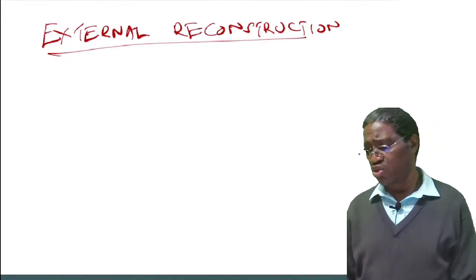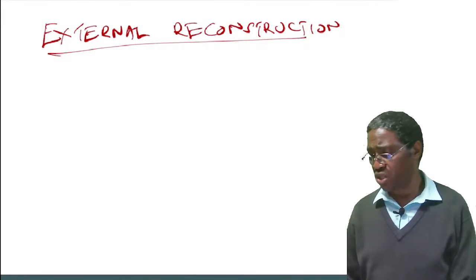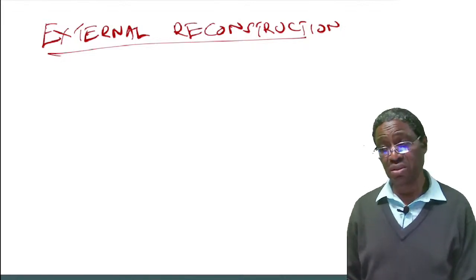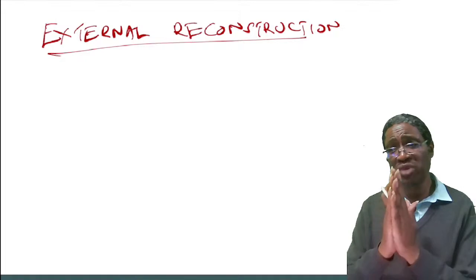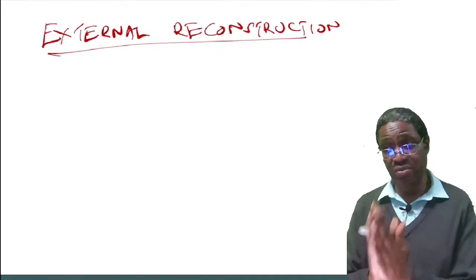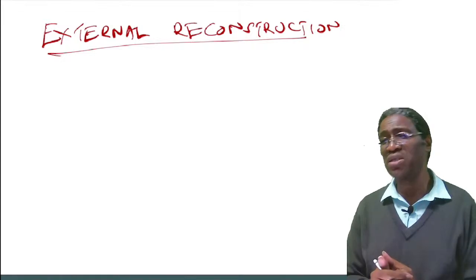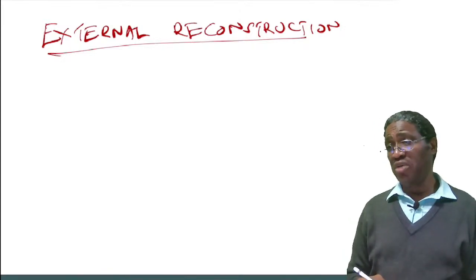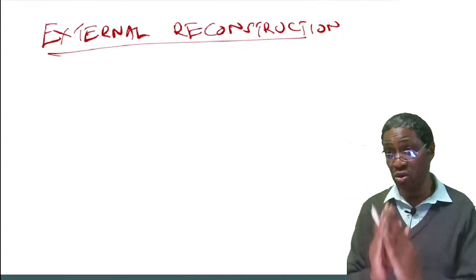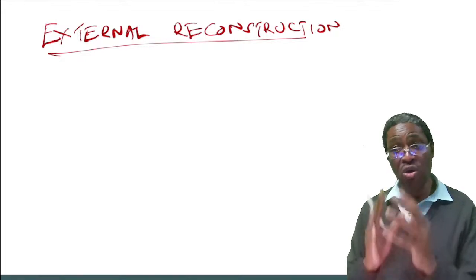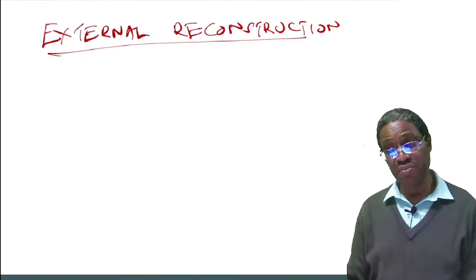We started the topic of reconstruction, and just as a reminder, why do we reconstruct a company? We said we normally reconstruct a company because it has been making losses over a long period of time.